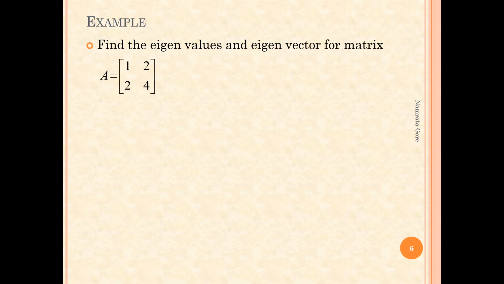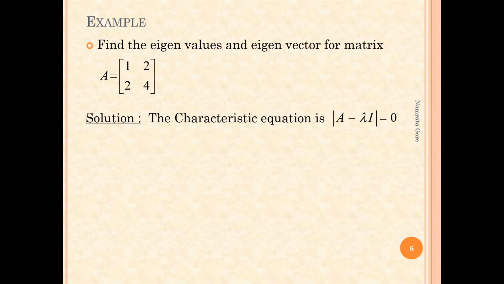Let us consider an example. Here I am considering a 2 by 2 matrix 1, 2, 2, 4. For this matrix, I need to find eigenvalues and corresponding eigenvectors. The characteristic equation will be written as determinant of A minus lambda I equal to 0.